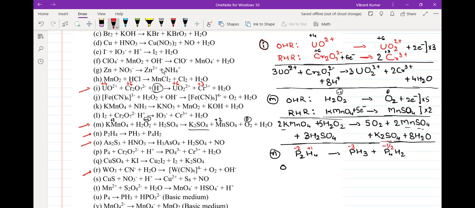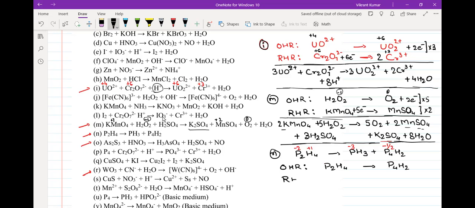Then only it will be balanced. Right? That means if I'm trying to write the OHR, it will be P2H4 going from -2 to -half, that is an increase in oxidation state. So that's why we'll be writing this.